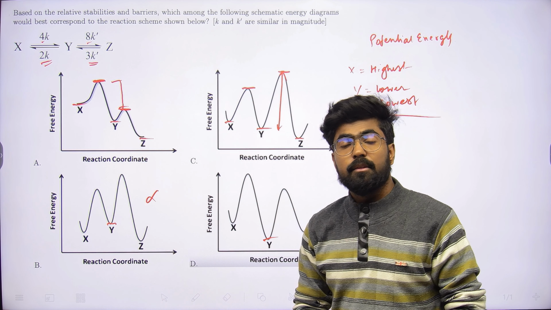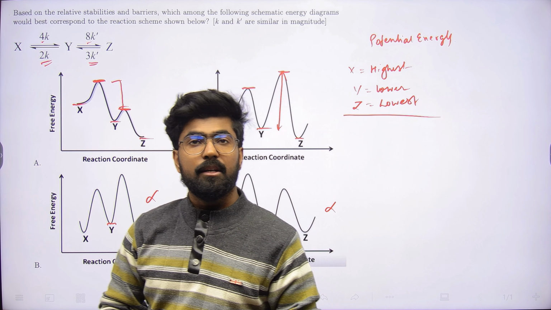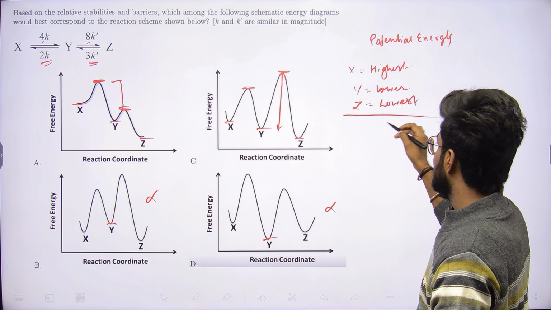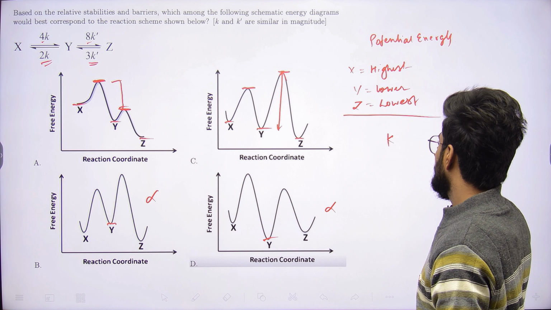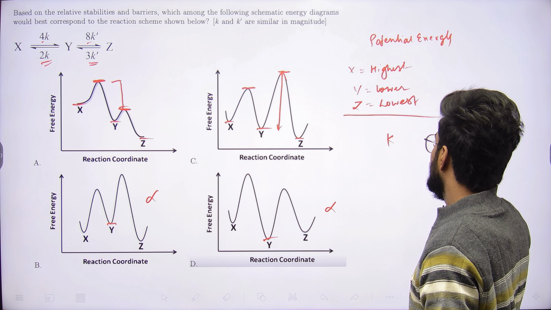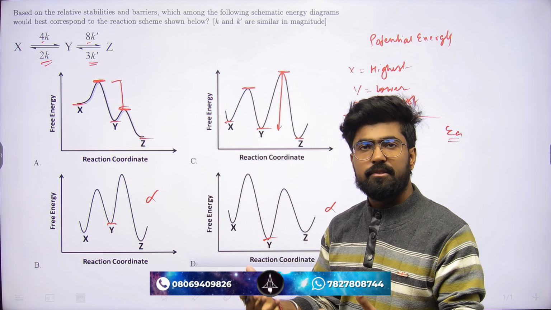Because you know that the rate of a chemical reaction directly relates to the activation energy. You all have heard that very famous equation, the Arrhenius equation, which relates K to the activation energy, and we know that less activation energy is responsible for a faster reaction.